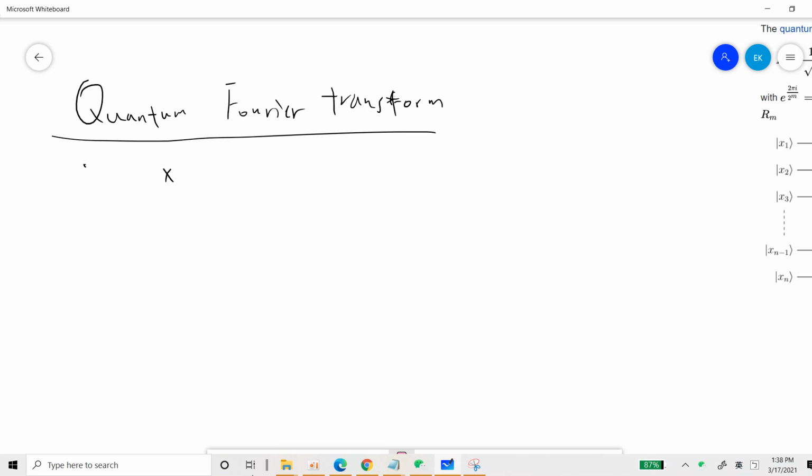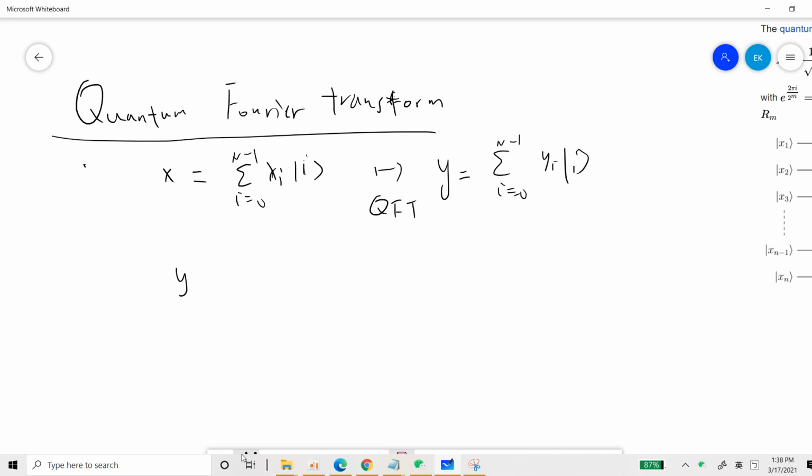Okay, so the quick definition is that somebody will give you x, which you can write in the computational basis if you want, so it's like x_i. Then after the so-called quantum Fourier transform, you get y, which is basically y_i, and y_k is equal to the sum of x_n ω_N^{nk}, with n from 0 to capital N minus 1.